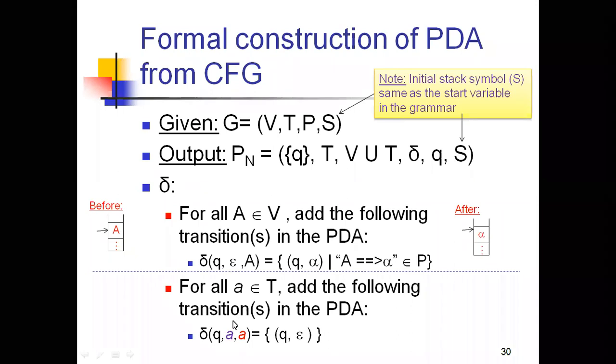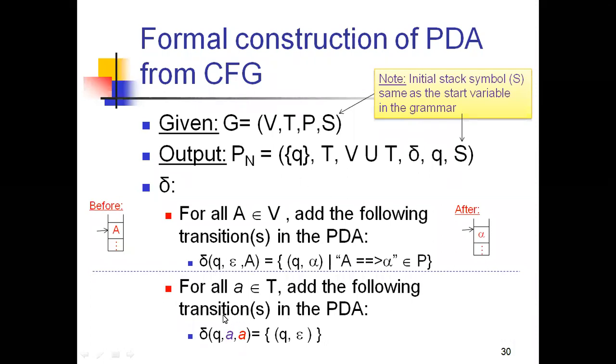Or else, if you want to pop the terminals, when the input as well as the top of the stack are terminals, you need to pop that and show that it is an epsilon, right? So first, you need to write the transition rules of the PDA like this from the given grammar. Then you need to show the conversion from context free grammar to PDA.